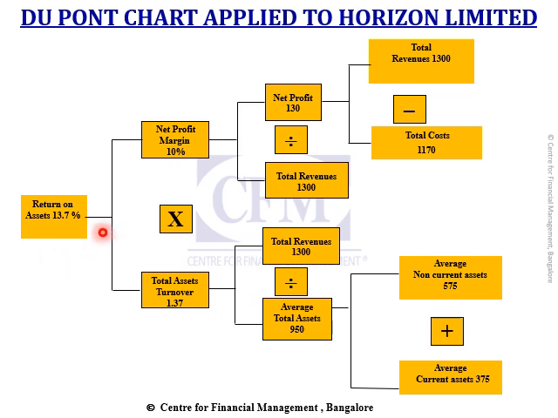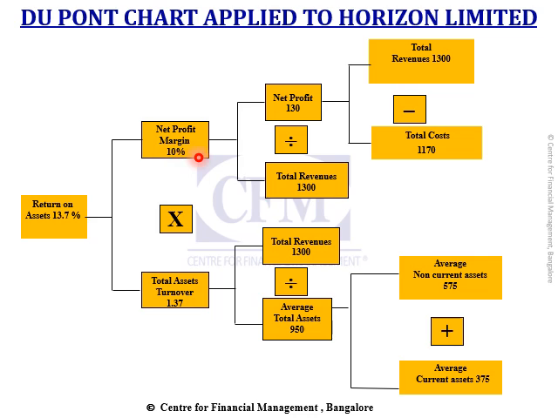So return on assets is a product of net profit margin and total assets turnover ratio, because net profit margin is net profit divided by revenues and total assets turnover is total revenues divided by average total assets. So the product of the two is return on assets.